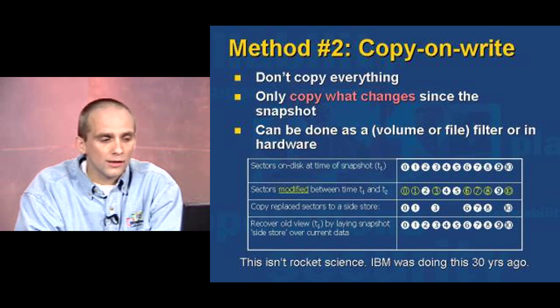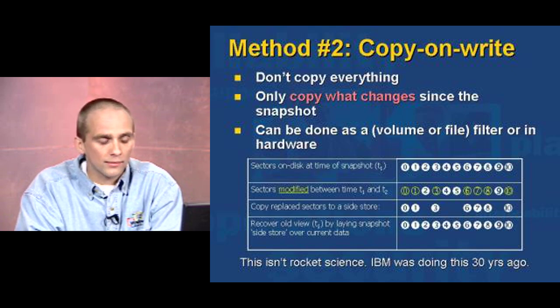Now, this can be done in a variety of ways. It can be done, for example, as a volume filter. That's a filter driver running below the file system, looking at sector changes. Or it could be done as a file system filter driver, implemented above the file system, keeping copies of files that change. Or you can do it in hardware, again, checking the sectors that change.